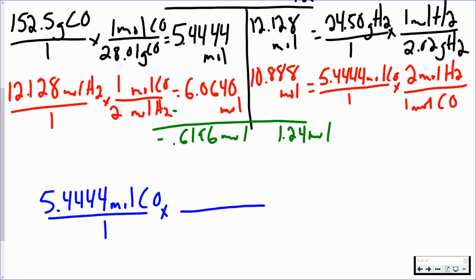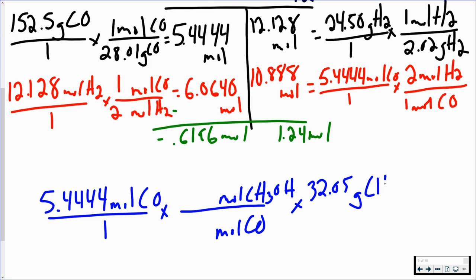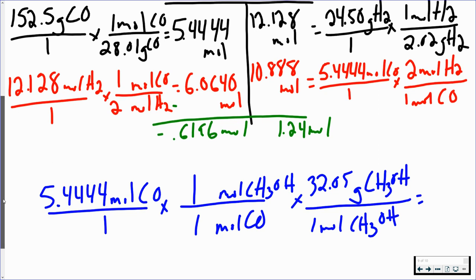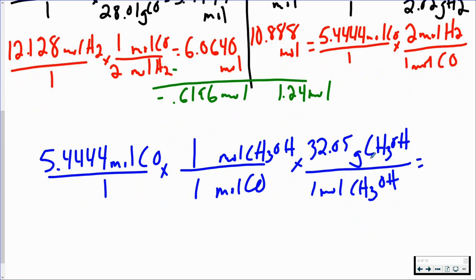Well, the very next step is the mole ratio, and then we go to grams. So the molar mass of that is 32.05. Mole ratio is 1 to 1. So really what happens is you're going to take 5.4444 and multiply by 32.05. And you're going to get a total.